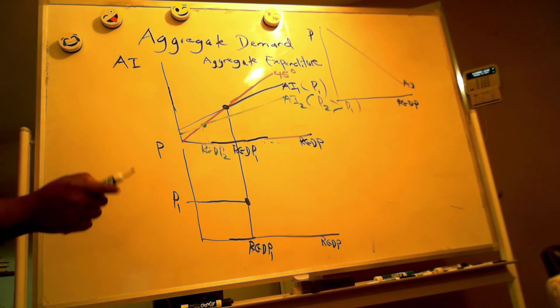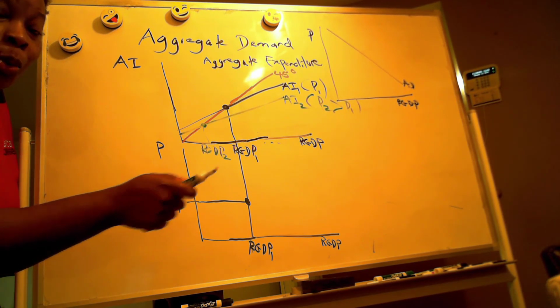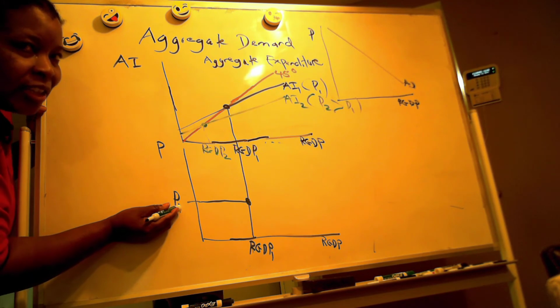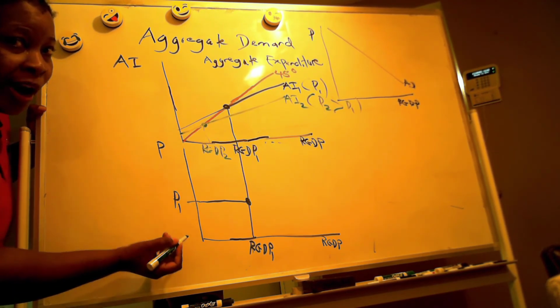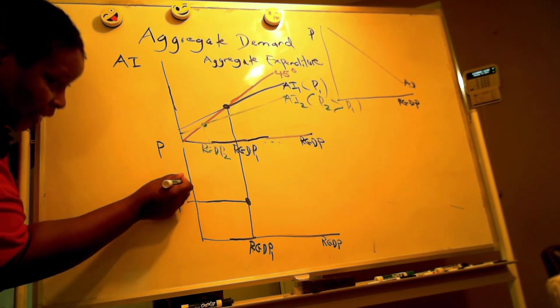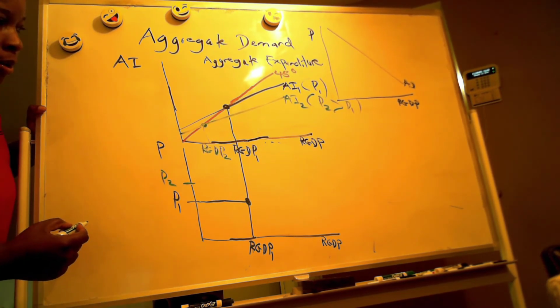Now, pay attention. What happened to prices at P2? It went up. Where do I put P2 relative to P1 if it's a higher price? Do I put it here? It's higher. Prices went up.